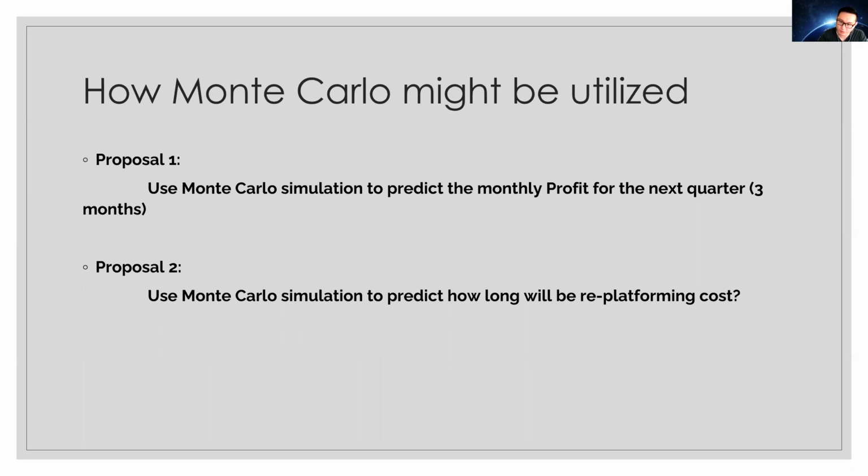Another proposal: as I mentioned, we're doing the re-platforming, which is a very big feature. It involves all the teams and will take at least 3 to 6 months of work. So we can use Monte Carlo to predict how long it will take.